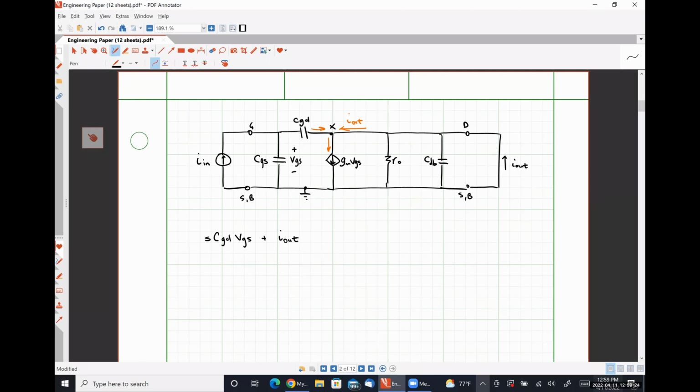The current I out also flows in, and a current of gm VGS flows out. We can rearrange this to find that I out is gm minus s CGD times VGS.